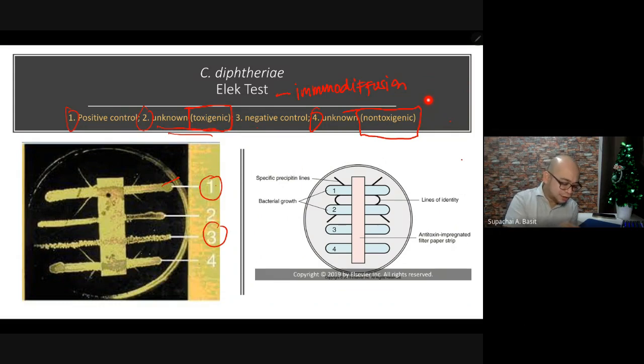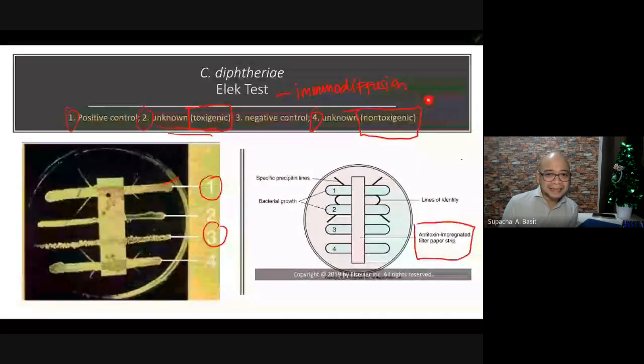So after we inoculate the bacteria, we add a strip on top of this. The strip is actually made up of antitoxin impregnated filter paper strip. So what would be the positive result? The positive result would be the lines of identity. So this is an example of the lines of identity.